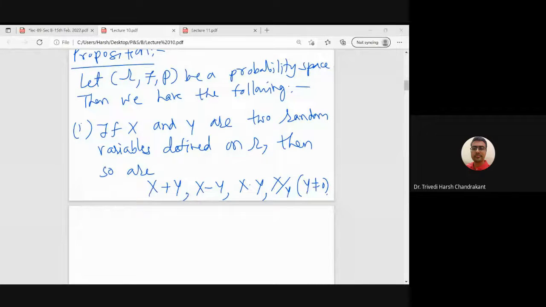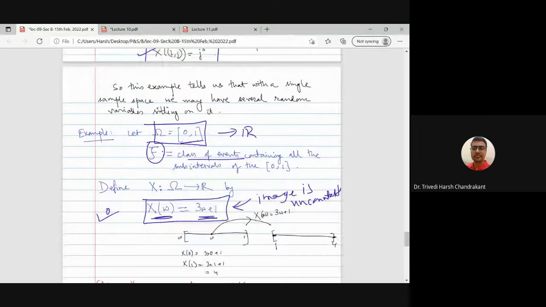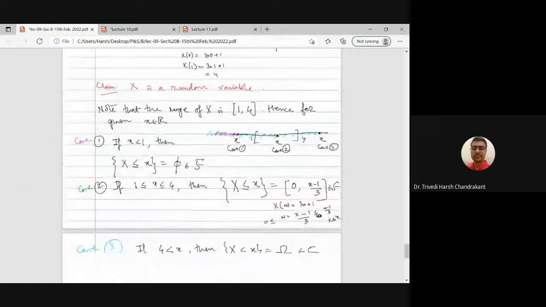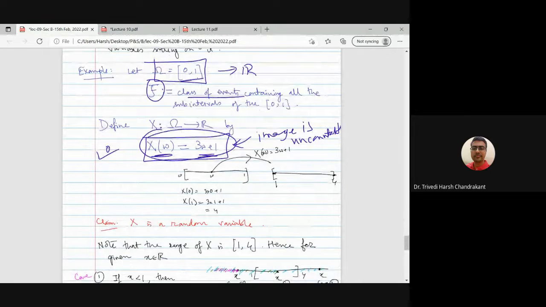So how do we define x quotient y? The quotient function at w. So here the random variable is a function from omega to R. So usually the notation we are using is x of w. Usually we have f of x is y, right? So input x, output y.